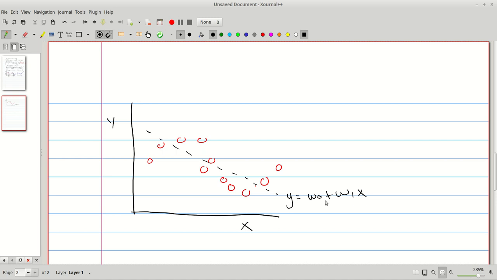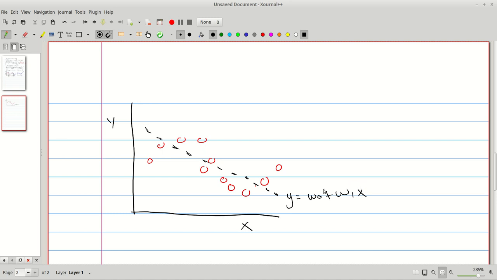But what's the problem with this? This line is not sufficient to represent this, right? As you can see, this line only has up to a polynomial factor of 1. There are no squared terms, there are no cubed terms, and so on.